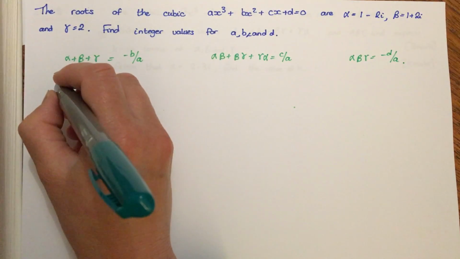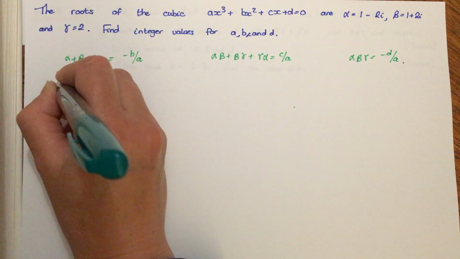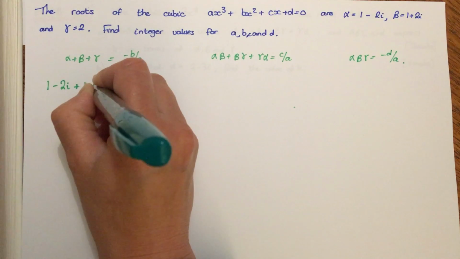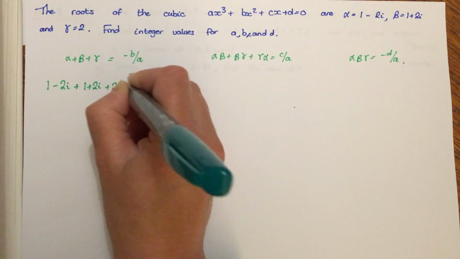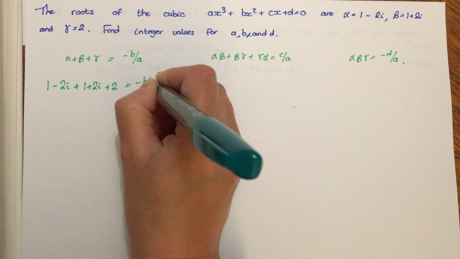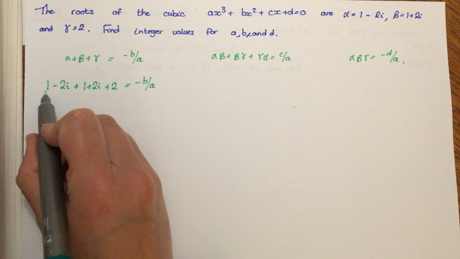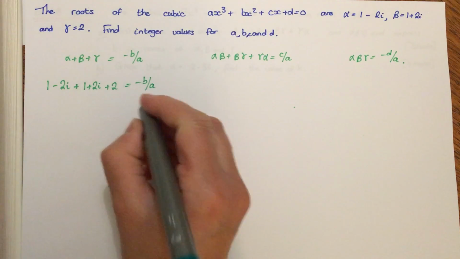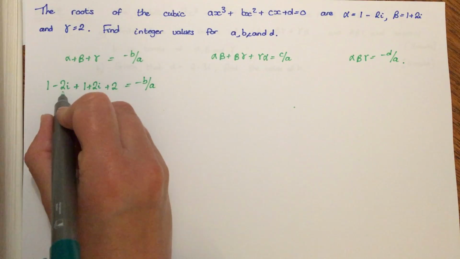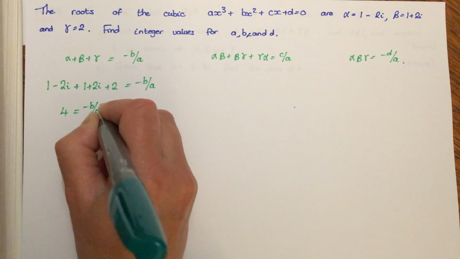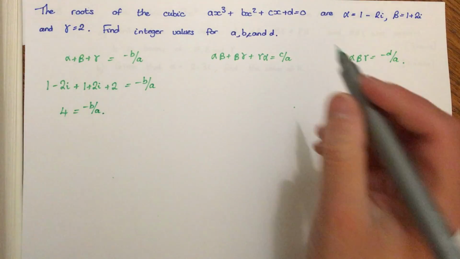So alpha plus beta plus gamma: 1 minus 2i plus 1 plus 2i plus 2 is minus b over a. So I've got 1, 2, 4. Minus 2i and plus 2i cancel out, and that's minus b over a.